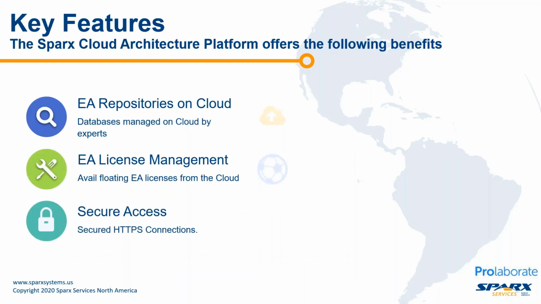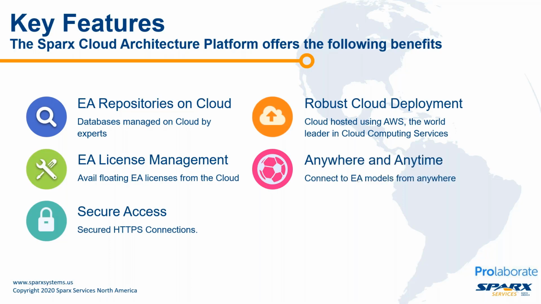Some of the benefits that the cloud architecture platform provides: your EA repositories hosted on the cloud. We manage them, we handle all the backups, recovery, that sort of thing, so you don't have to worry about your data storage. Your Enterprise Architect licenses. For those of you who are using floating Enterprise Architect licenses, you know those are stored in a key store.